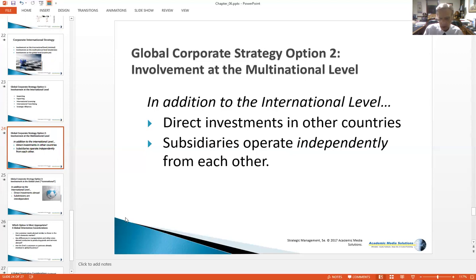So the company makes direct investments in those countries and forms subsidiaries. And those subsidiaries respond to each country's markets as required to maximize market share and to be most acceptable to the culture as well as the government.